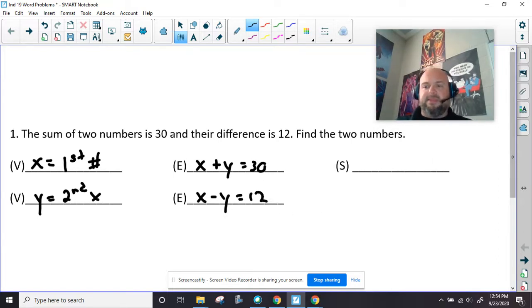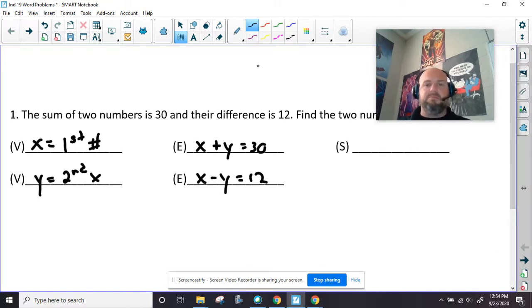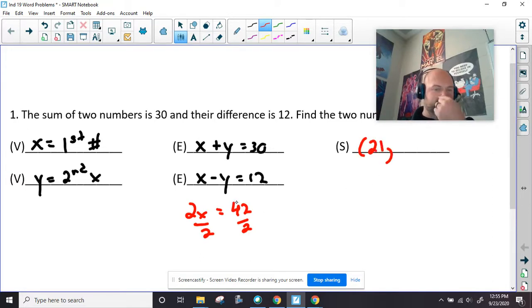Now, this is set up strictly for elimination right here because this will go away. So if we combine these, I get 2x equals 42, divided by 2, divided by 2. So x is 21. All right. Now, if we know x, we should be able to find y.